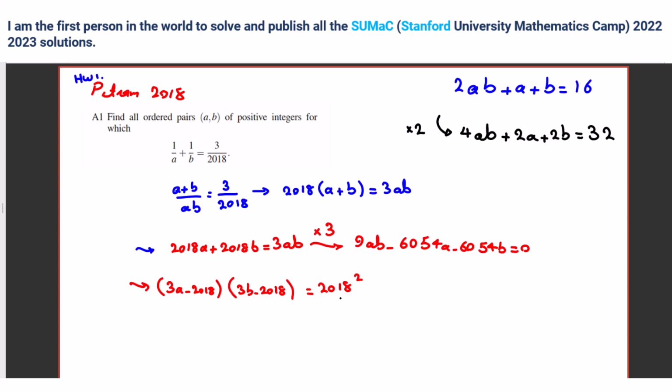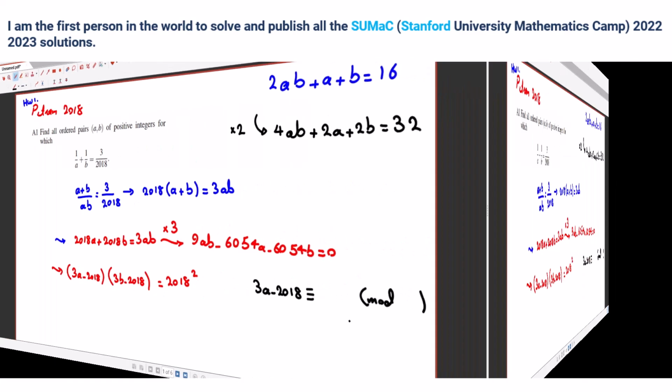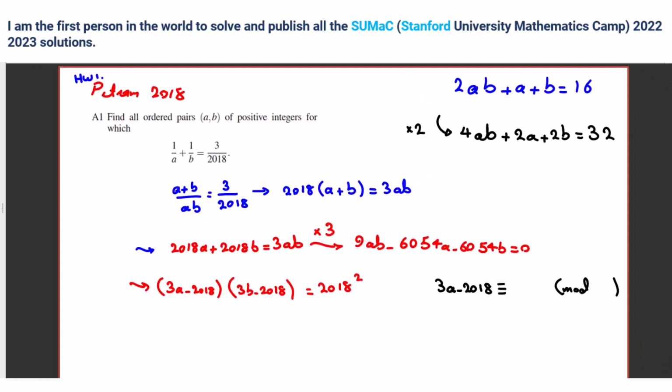Yes, but we can reject a lot of cases here because this number is what mod what? 3a minus 2018 is congruent to what number mod what number? 1 mod 3. Exactly. So when you want to consider cases, we should pay attention that it is 1 mod 3.